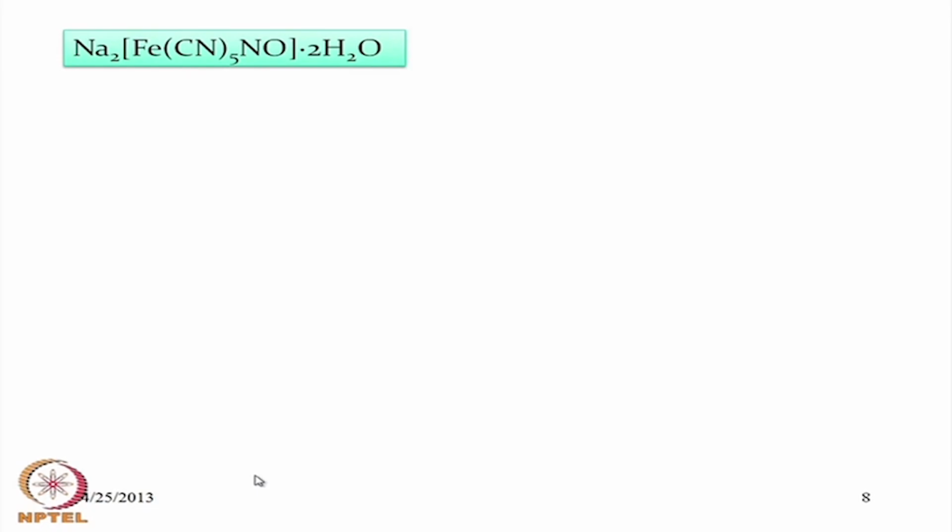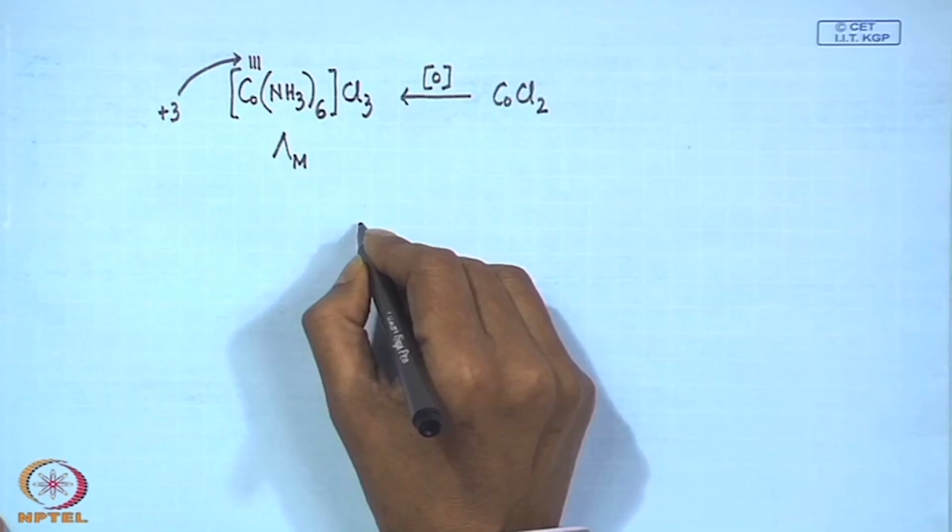One more example we will just see, which will continue to our next class also, that is a very good example where the ligands present at the iron site are CN and NO. So, 2 types of ligands are bound to the iron site, and for the typical charge balance, if we consider this NO as NO plus, we get the corresponding compound, and how we go for this particular compound, that will continue to our next class.